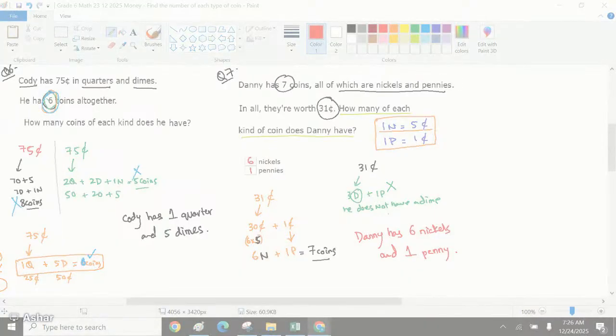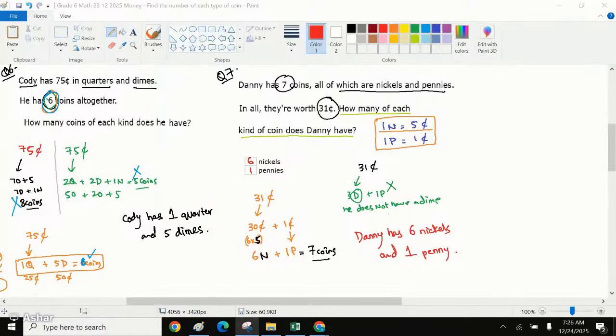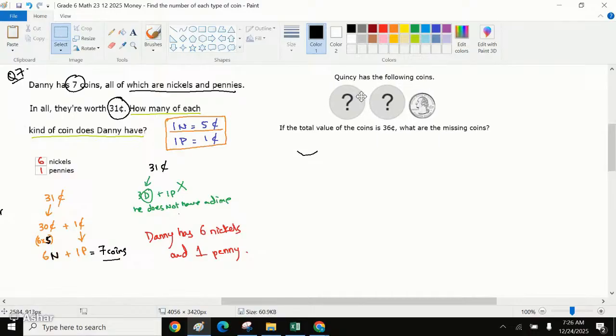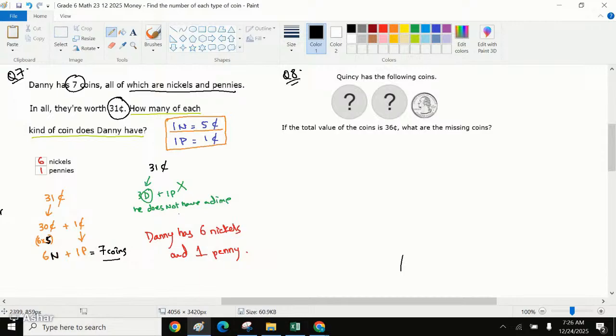Okay, it says Quincy has the following coins. Let's copy the coins and let's see. If Quincy has these coins with her, we need to first see which coins are there. She has a total of 3 coins, right? And the sum of the coins is 36 cents.